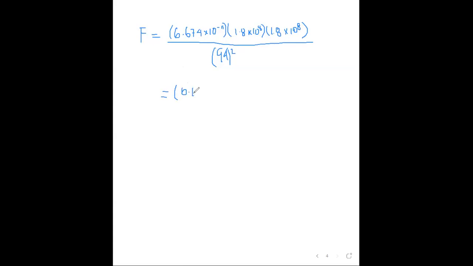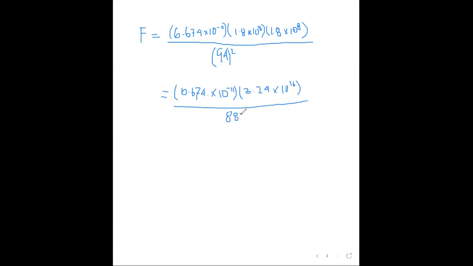So let me write that out. One is 6.67. We're going to keep this as is, and just focus on these two components. So we have that one to be 3.24 times 10 to the 16. And then 94 squared is actually 8,836.